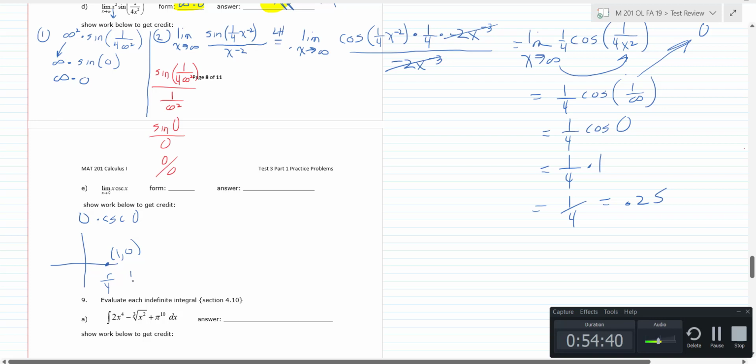In a unit circle, r is 1, y is 0. So you're undefined. Now, if you're undefined on a trig function, it means there's a vertical asymptote, which ultimately means we're going to infinity. So this is a 0 times infinity indeterminate form.